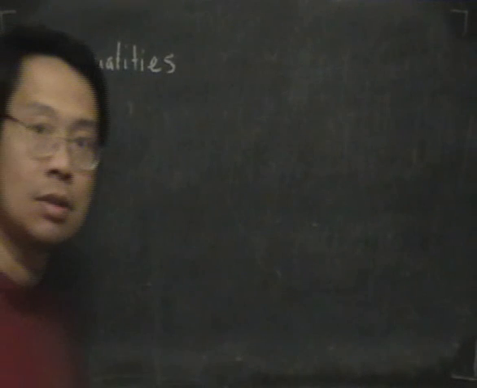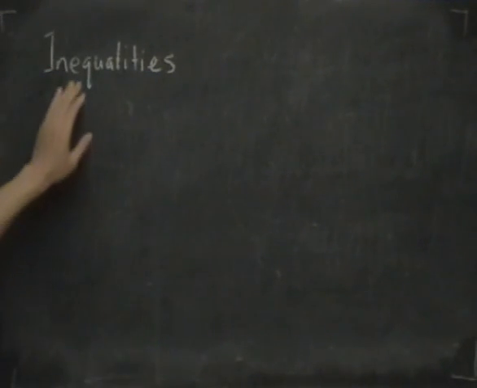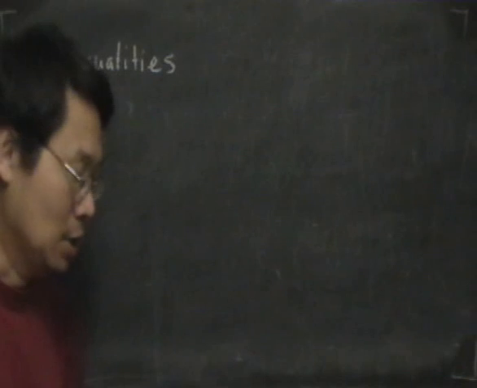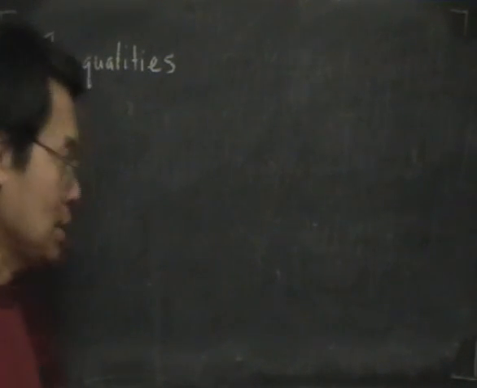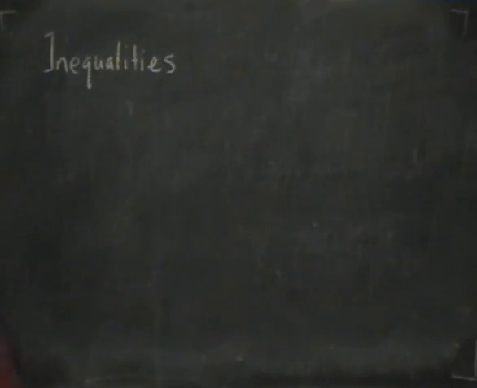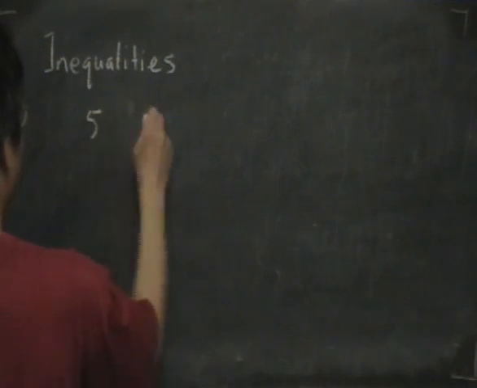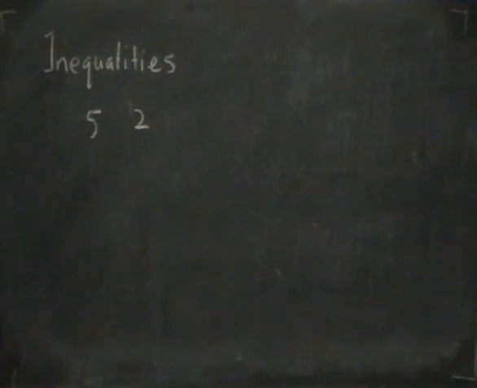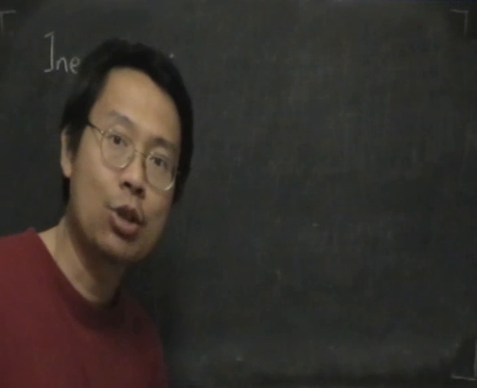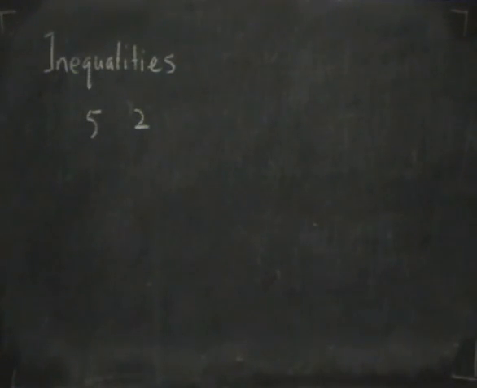In as in not, equalities as in equal. So just as a very simple example, 5 and 2, they're not equal.